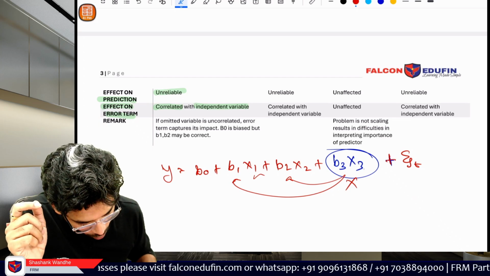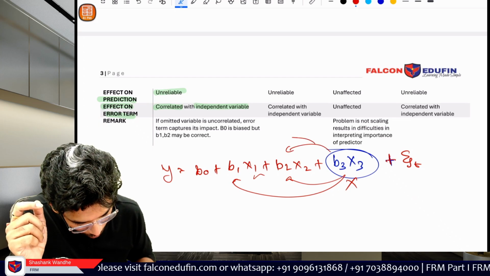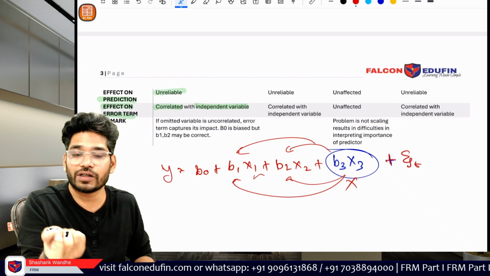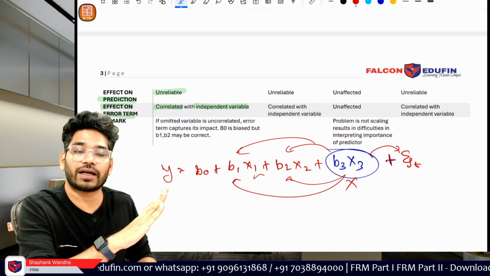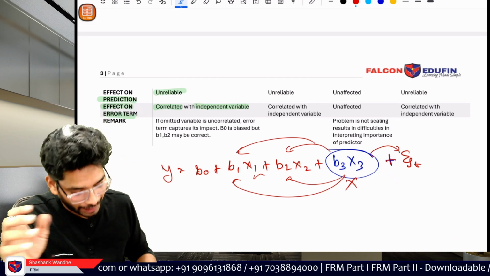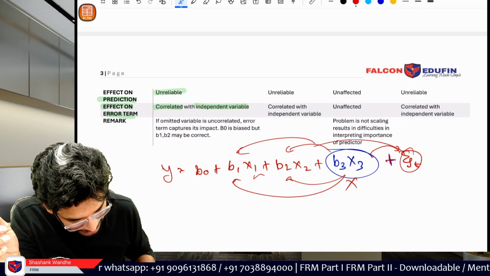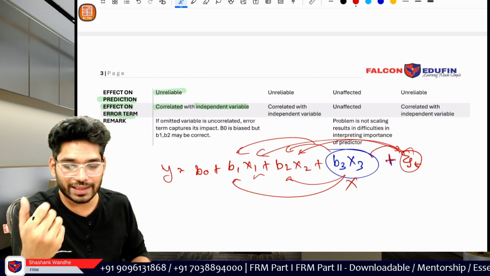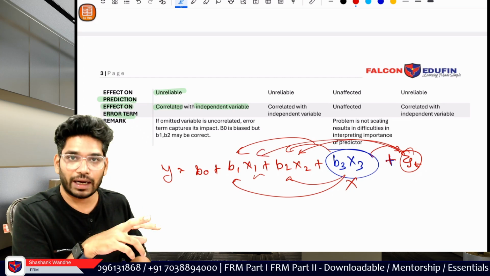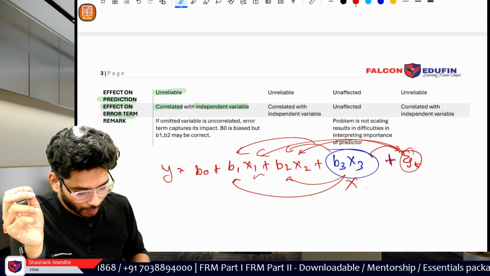The effect of this omitted variable will spill onto these coefficients, that is B1 and B2, and the other effect will be on the error term. Because of this, the error term and your x1 and x2 will be correlated. That's the problem.